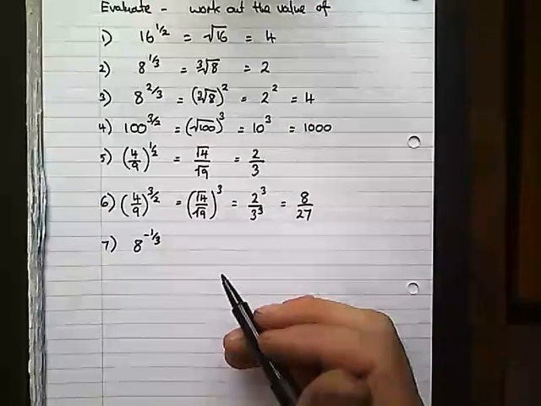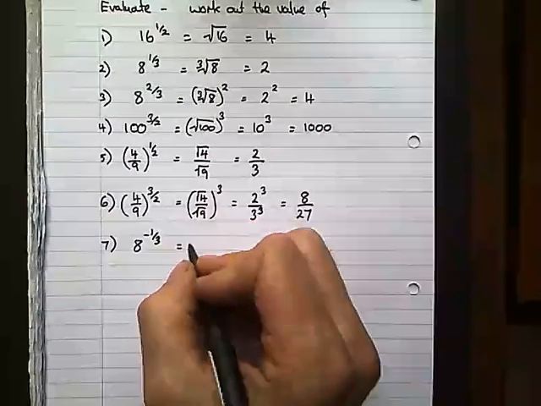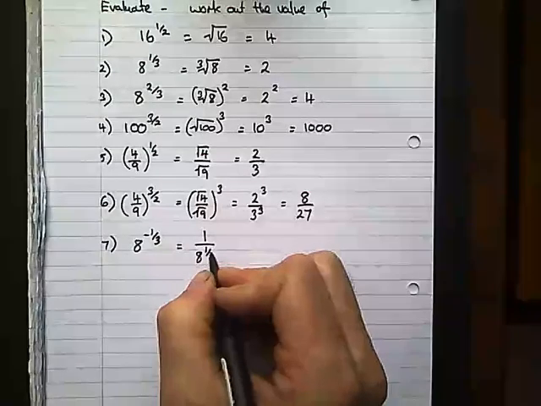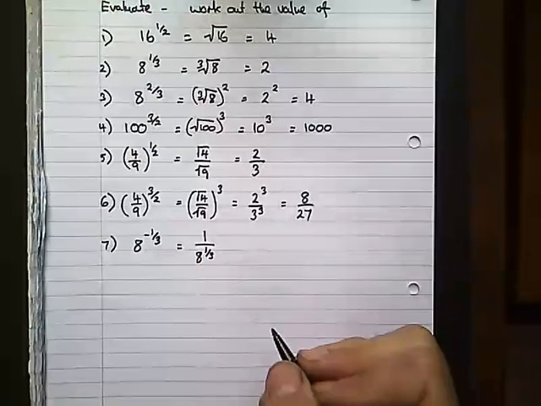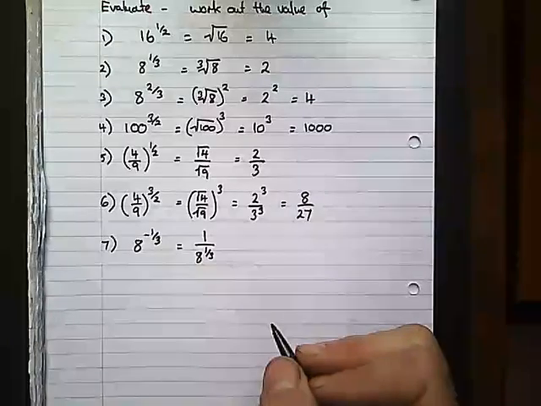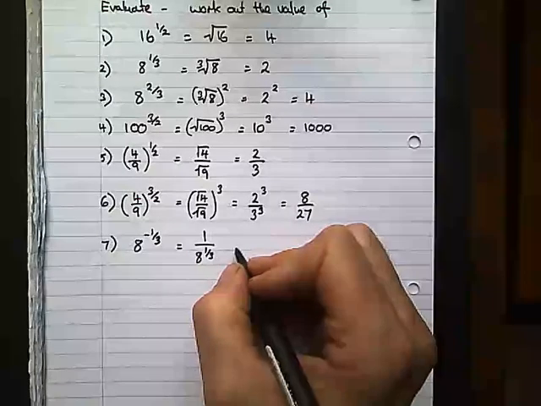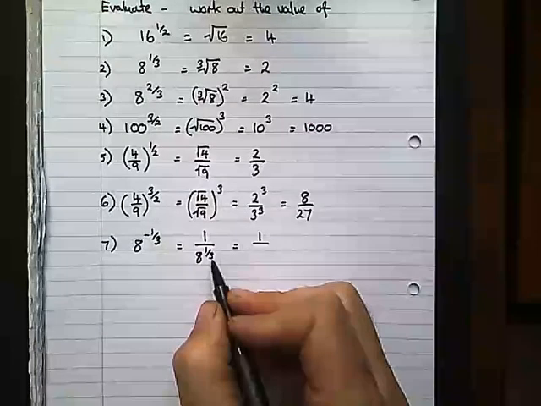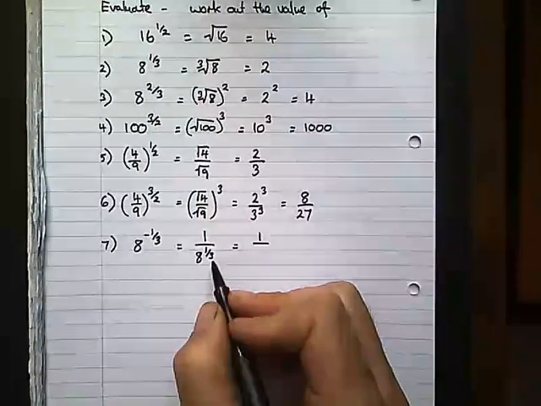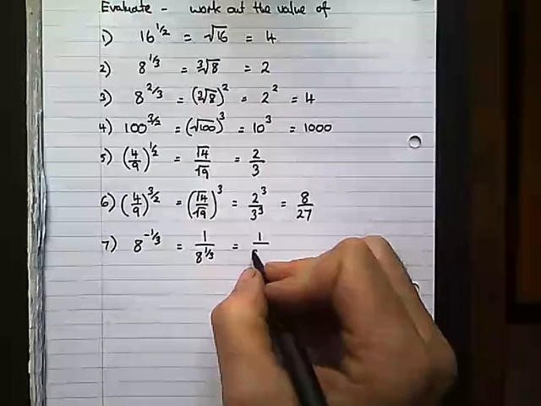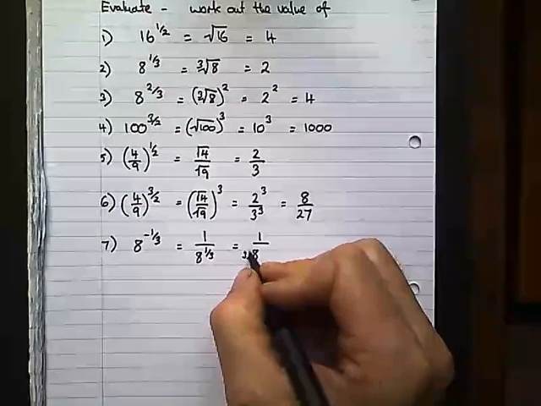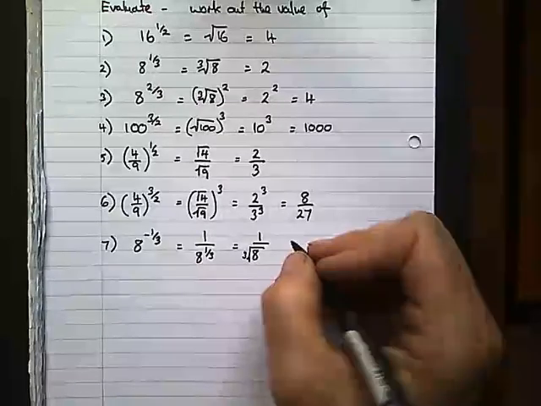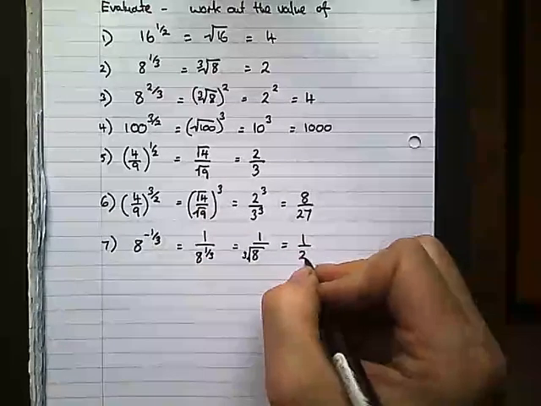So what we're going to write is 1 over 8 to the power of 1/3. So it's 1 divided by, and the 1/3 represents the cube root, so that's 1 over the cube root of 8. And the cube root of 8 is 2, so it's 1 over 2.